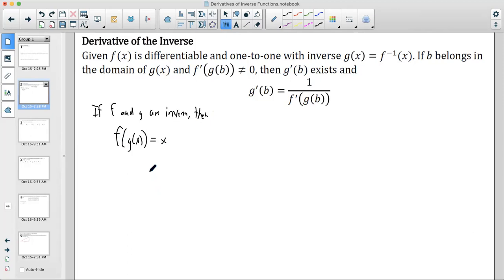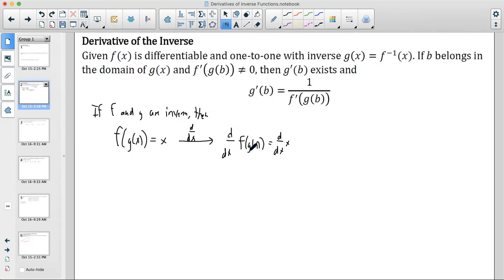Now that we know how to take derivatives of compositions of functions, we can take the derivative with respect to x of both sides of this equation. We end up with the derivative with respect to x of this composition equals the derivative with respect to x of x. Now this is the chain rule in its most normal form.